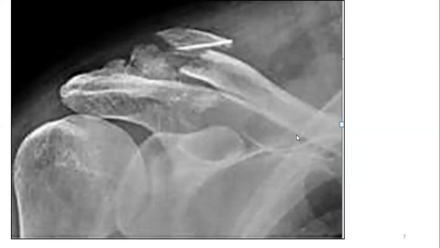Okay, that's very easy. You can see that this is the distal part. If the neurovascular examination is normal and there is no comminuted fracture, then what are you going to do?